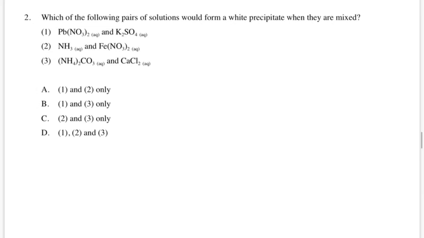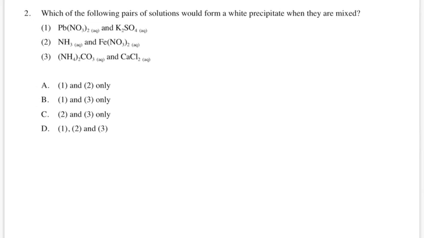Second question. Which of the following pairs of solutions will form a white precipitate when they are mixed? Let's check the first one. First, they are all in aqueous solution, so they contain mobile ions. Second, would they form any precipitate?